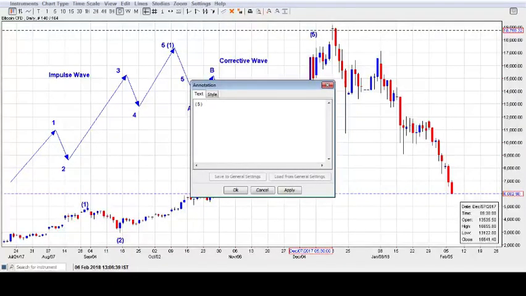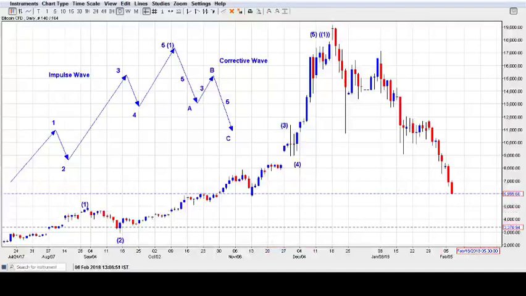It has actually formed a higher degree wave 1. So we're not plotting that. Maybe we can do a double brackets wave 1, right? Just changing the degree a bit, that's all.